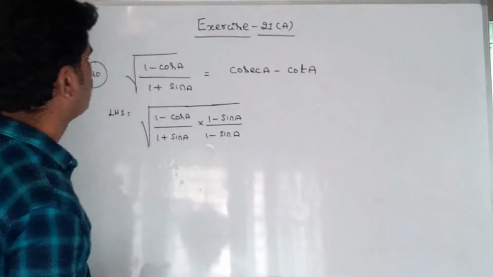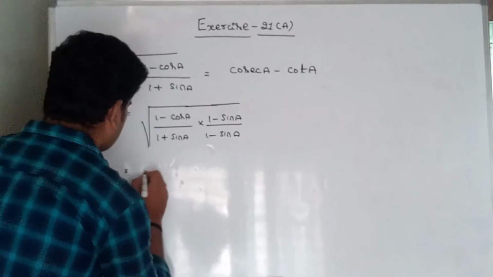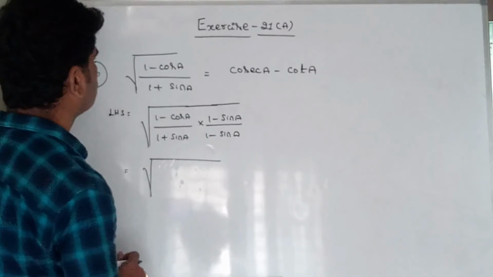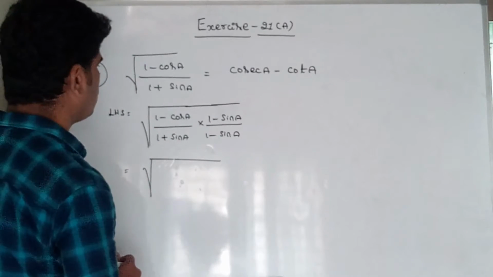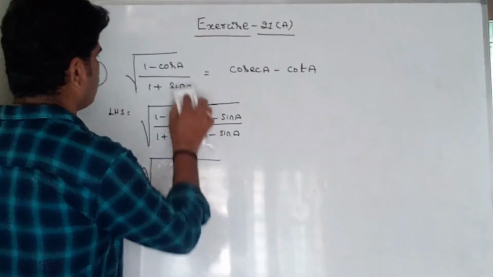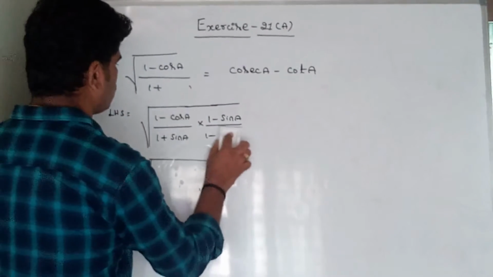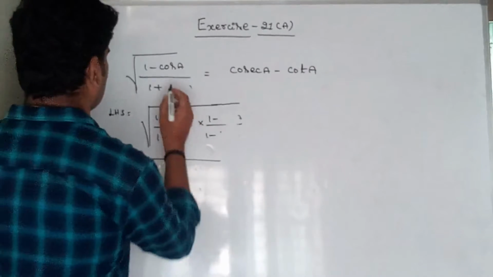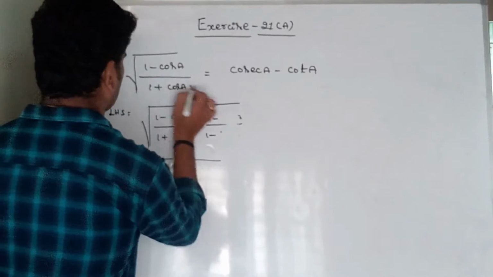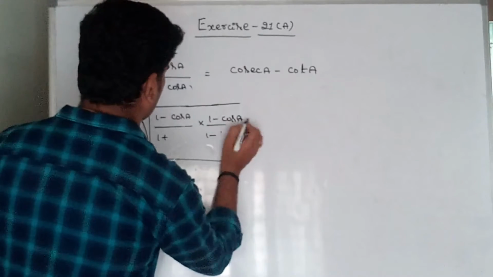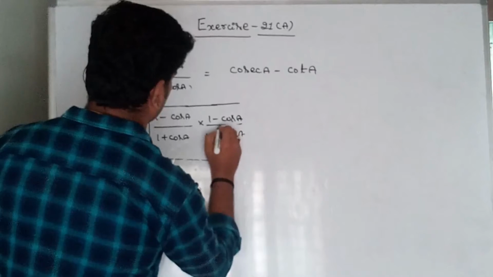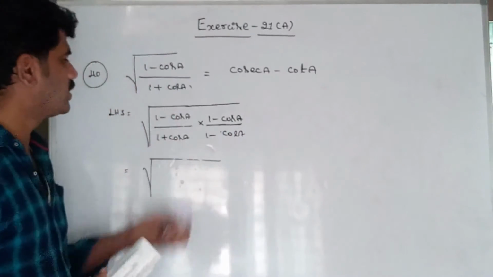Sorry, this is not sin A, actually this is cos A. So here 1 minus cos A by 1 plus cos A is there.